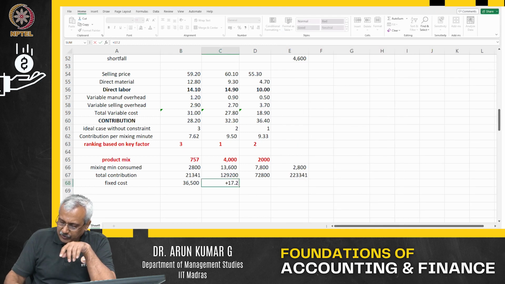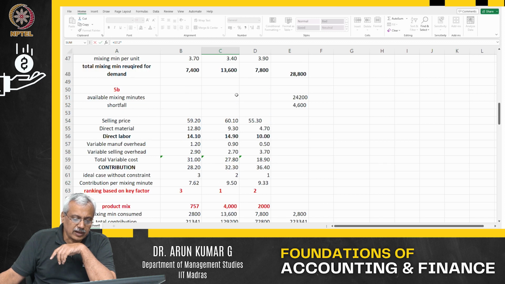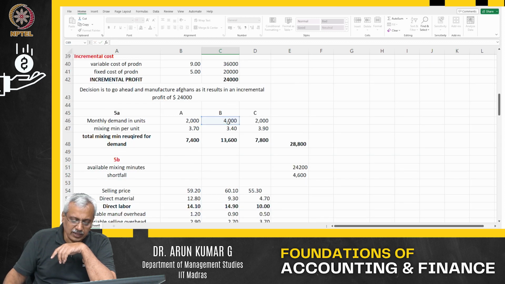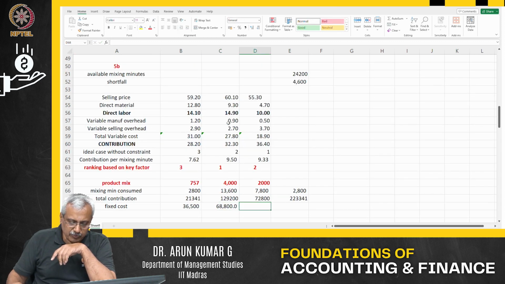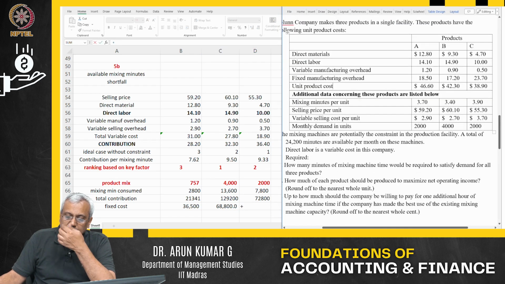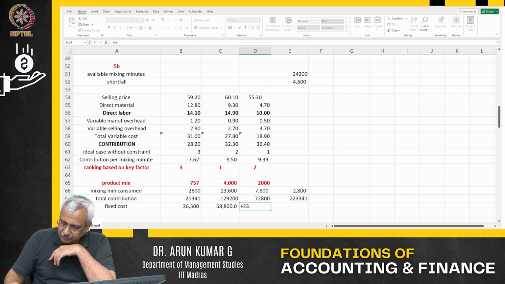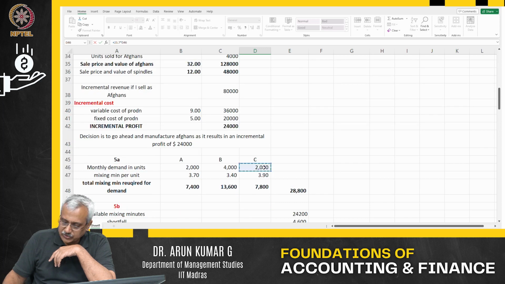So, 17.2 into the number of units out there, and for C it is going to be 23.7 into 7 into the number of units, which is 2000.